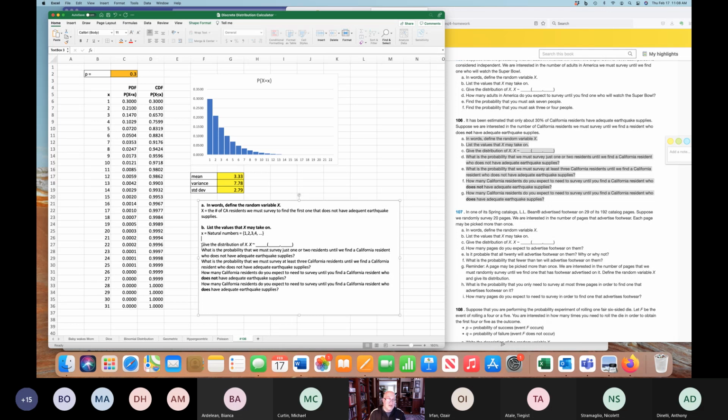That's easy. X has the distribution, which is the tilde of geometric, and there's only one argument in there, and it's the mean, which is 0.3. So that answers that.